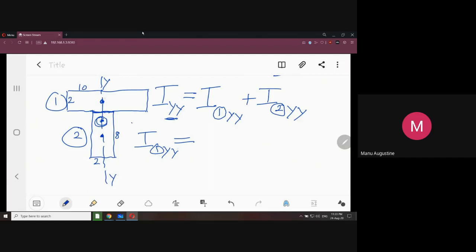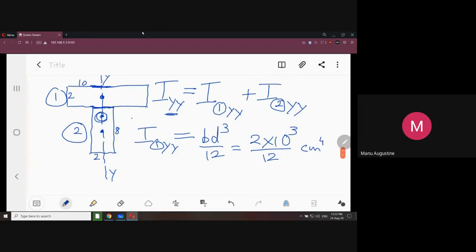Since the y axis is cutting the line with 10 centimeter length, this will be simply bd cubed by 12, where the side being cubed will be 10. So this is 2 multiplied by 10 cubed by 12 centimeter raised to power 4.